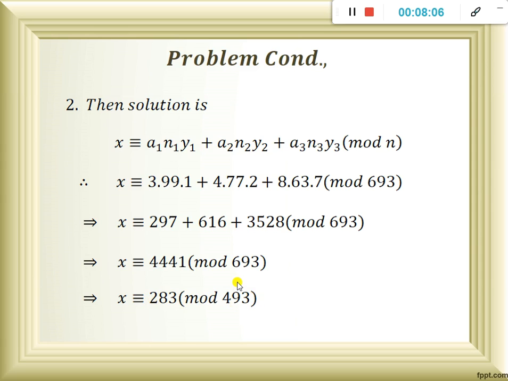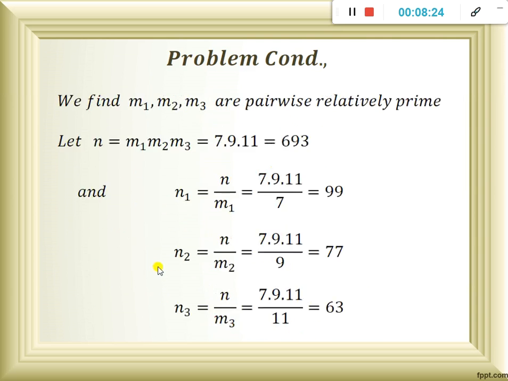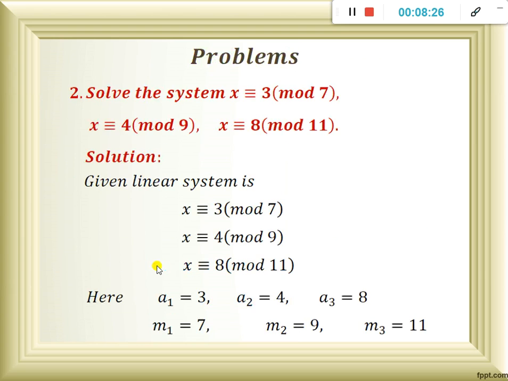So how do we check whether the given problem is correct or not? You just replace this value in the given problem wherever x is there, then divide, and you will get the exact answer. So 283 is the unique solution for the given problem. In place of x, replace 283.